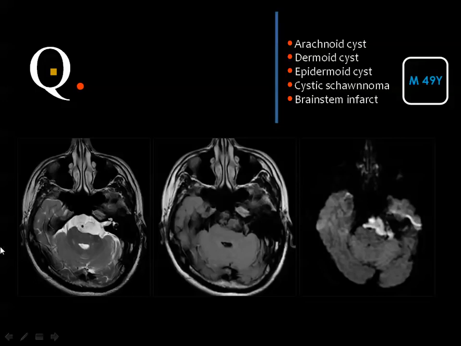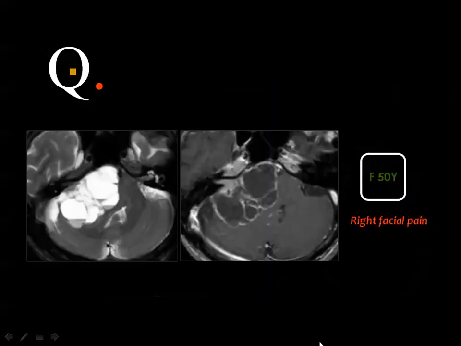And you should say that the lesion showed bright signal in the T2, intermediate signal in the flare images with restricted diffusion, and this fits very well with epidermoid cyst. Okay.